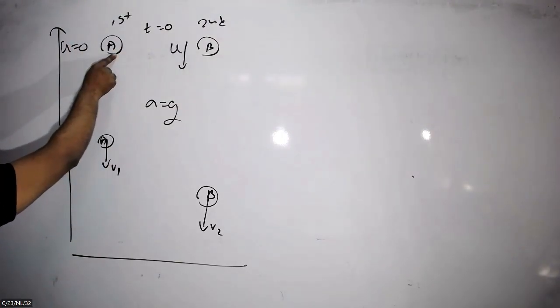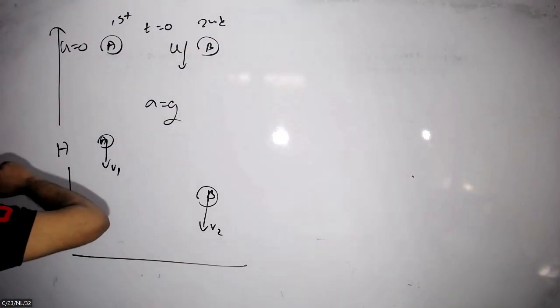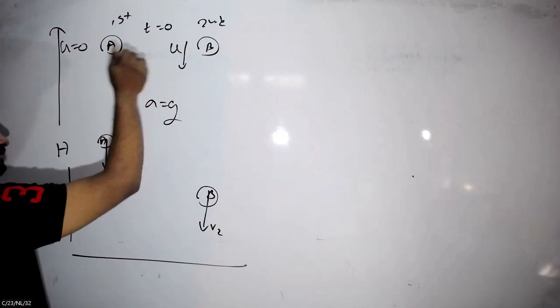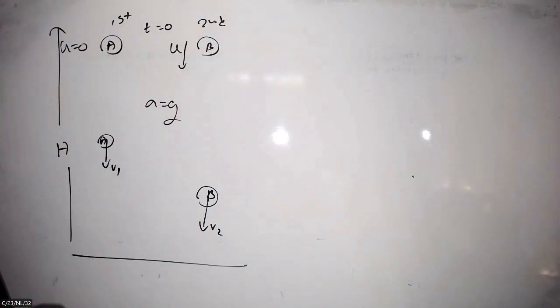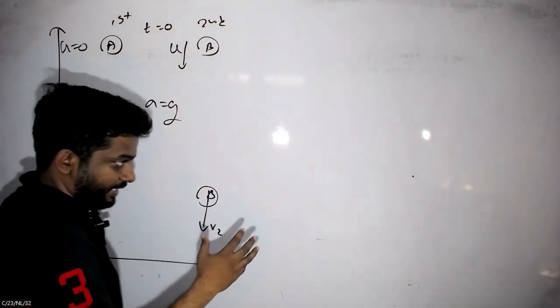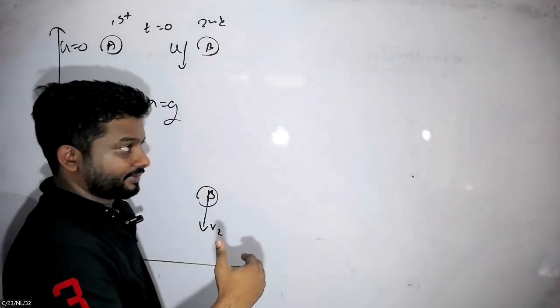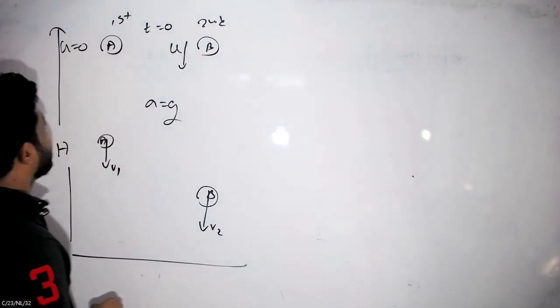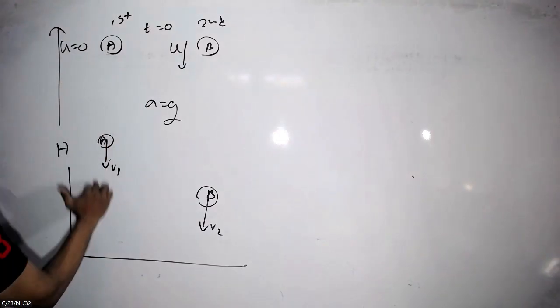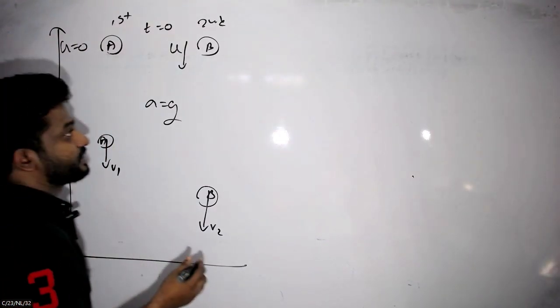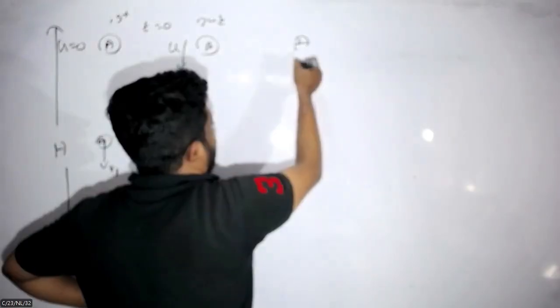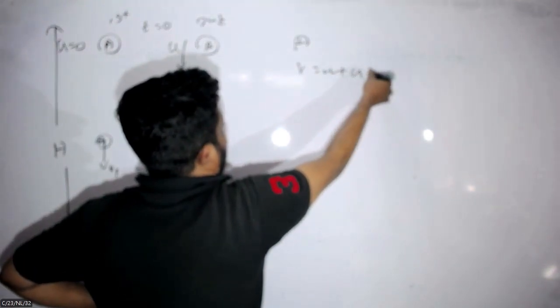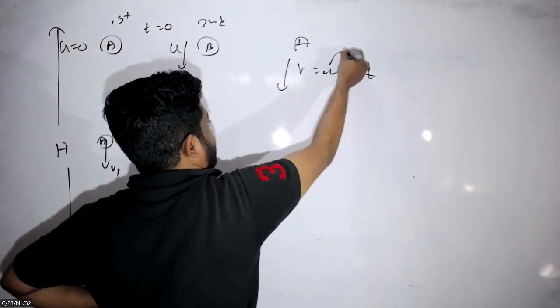First object, A, is released with initial velocity 0. The second object is thrown with initial velocity u. To identify the variation of velocity with time, you can derive an expression for the two motions. When you consider the motion of A, you can apply v equals u plus at in the downward direction.